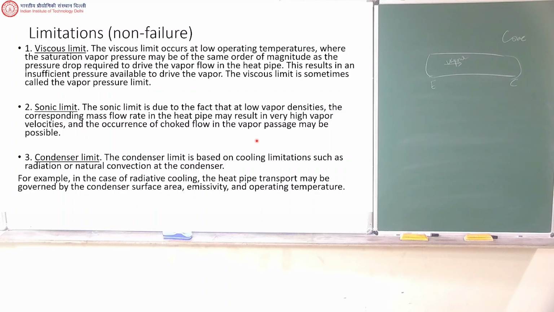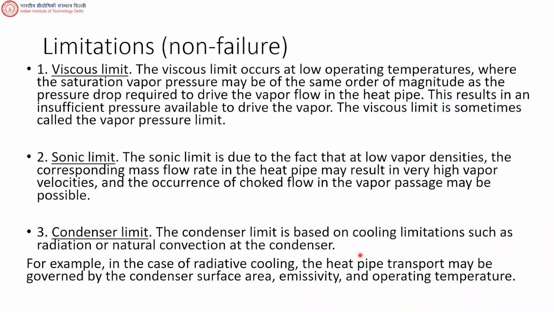If you know what choking is for compressible flow, that happens. And condenser limit is when you have cooling limitations, such as you have only radiation or natural convection, things like that. So these are the non-failure modes.